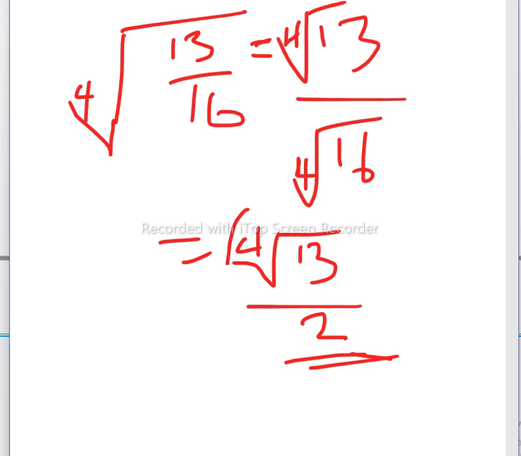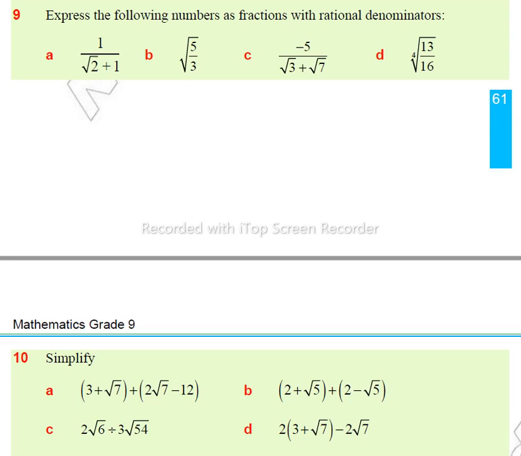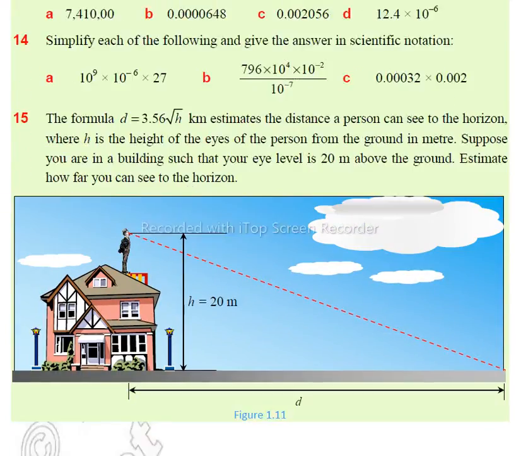After simplification, our answer is 4th root of 13 over 2. So this is all about question number 9. We can move to question number 10.